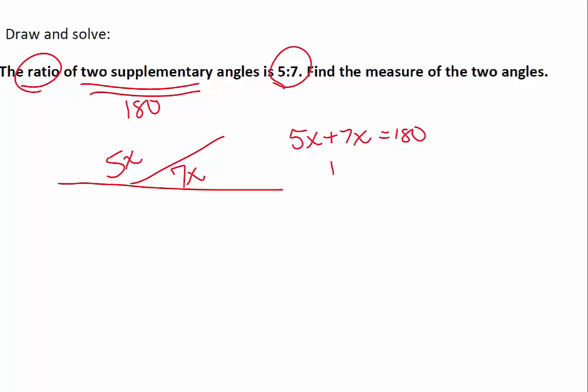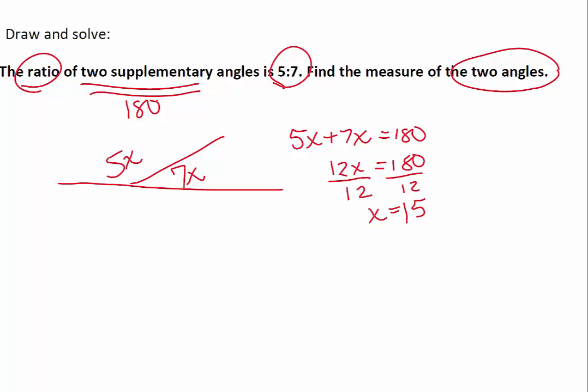So we end up with 12 x's equals 180. And be careful, the question says find the measure of the two angles.